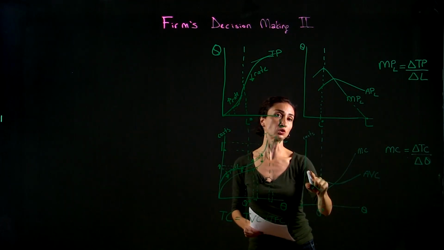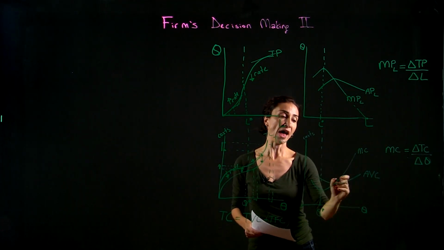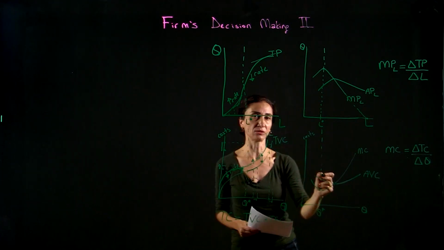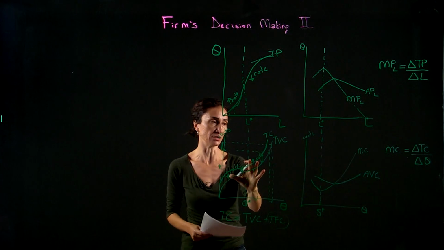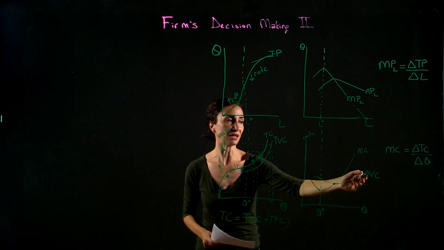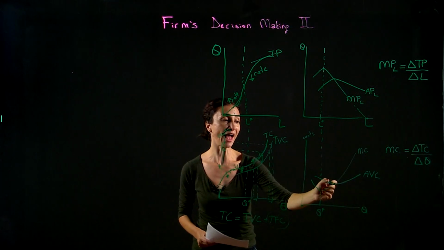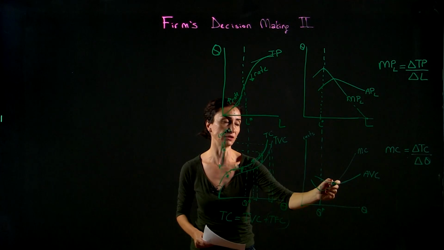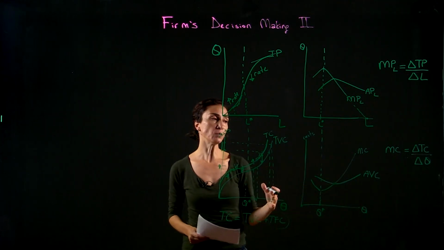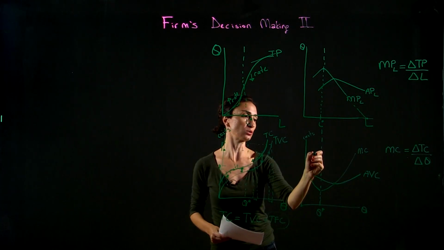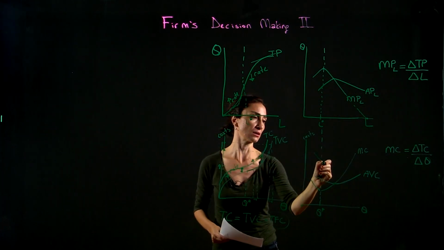Average variable cost is a U-shaped curve, and it intersects, this is always true because this is a mathematical relationship, the marginal cost curve always intersects the average variable cost curve at its minimum. Okay, this is the minimum point of average variable cost. Now I want to draw average total cost. Average total cost looks like this.